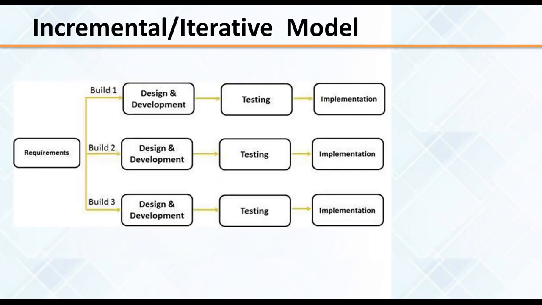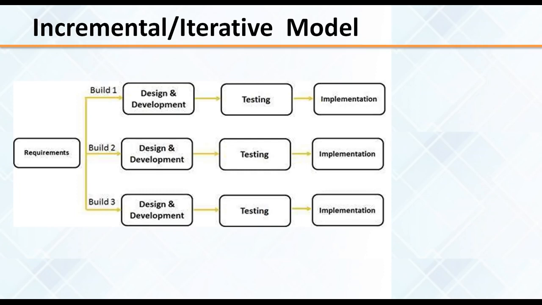Now, the incremental and iterative model. This particular model will solve a few problems of the one-phase SDLC, the waterfall model, but still it has some issues. Here the process is divided into multiple iterations, like multiple increments.